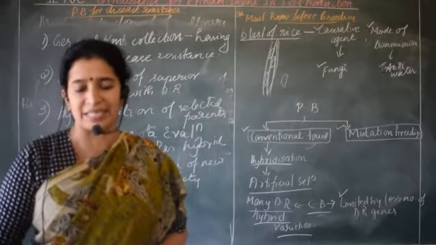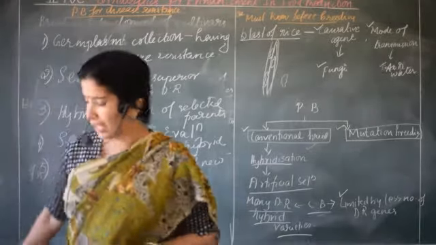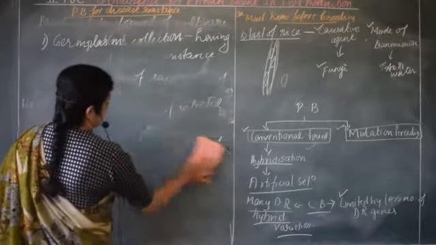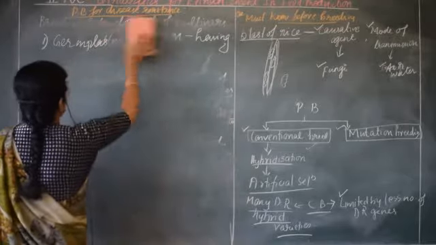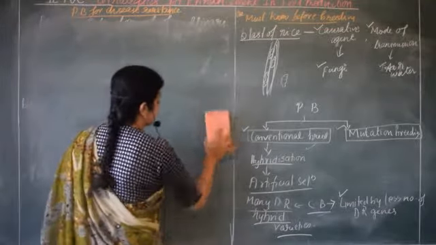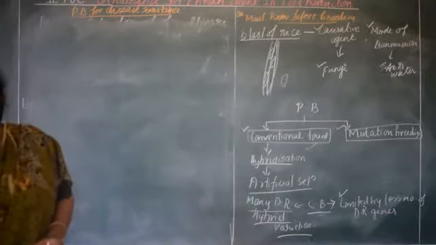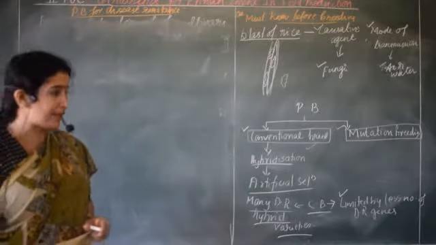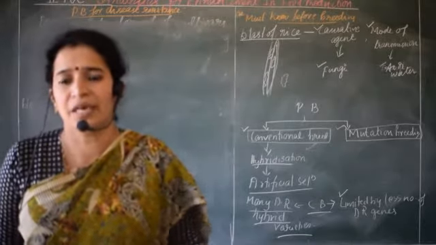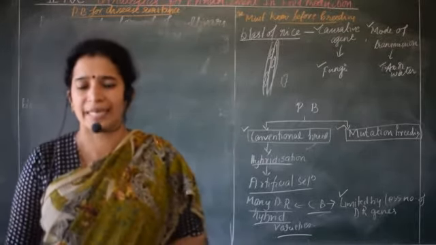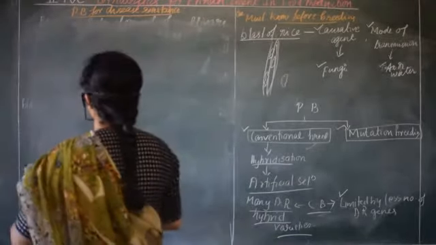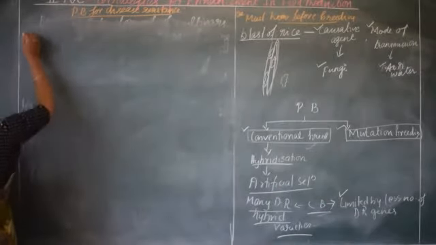Now there are some examples of crop varieties developed as a result of this that are resistant to diseases. The specialty is that these crop varieties are resistant to diseases. What is the list of crop varieties developed by this hybridization method, which have disease resistant capacity against bacteria, fungi, and virus? The table is given, and it is important, so mark this table as important.